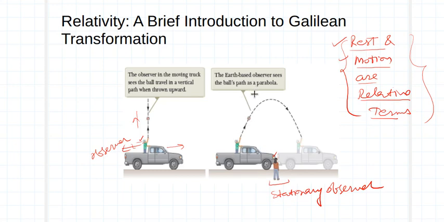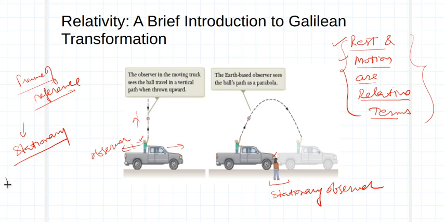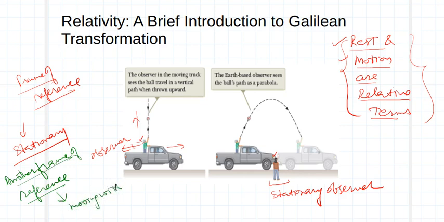and it's like a parabola. So that means there are two types of frame of reference: one frame of reference is stationary, and another frame of reference which I am considering is moving with some uniform velocity.